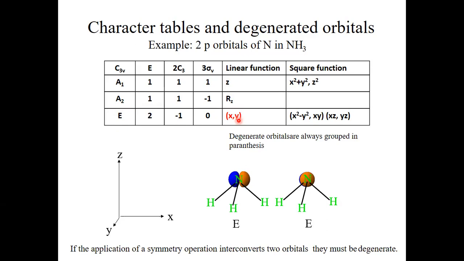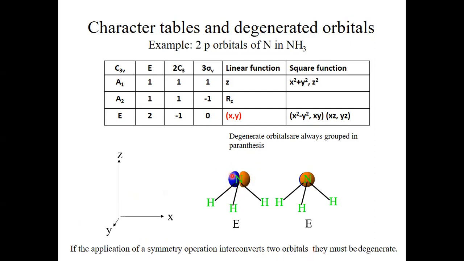So, for instance, is it possible to understand that the px and the py orbitals of the nitrogen atom in the ammonia molecule are doubly degenerate? If that is the case, then there must be a symmetry operation that interconverts the two orbitals. Okay, so this is a general rule. When a symmetry operation interconverts two orbitals, then they must be degenerate in the respective point group.